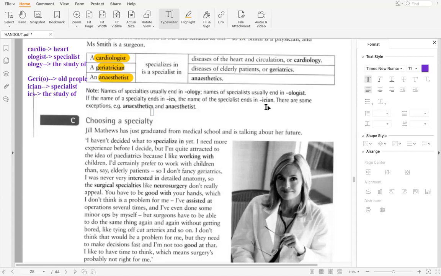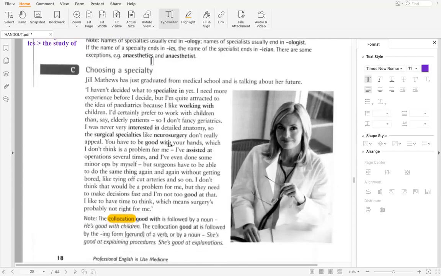And we have pediatrics and pediatrician. There are some exceptions, like anesthetics and anesthetist. All right?